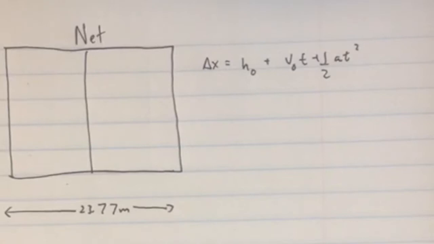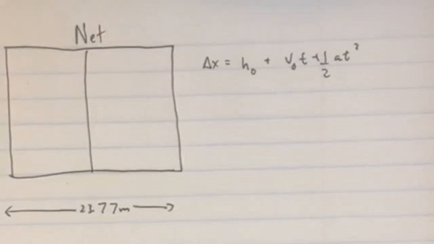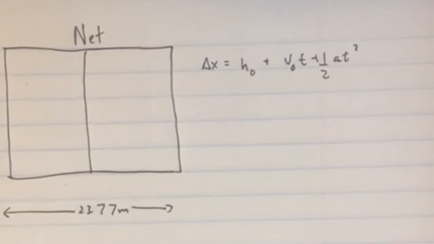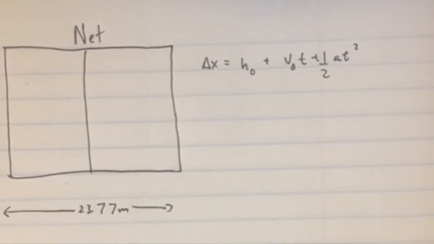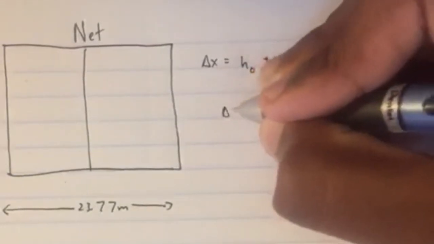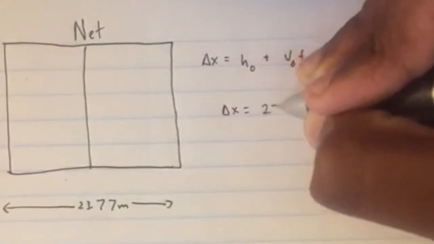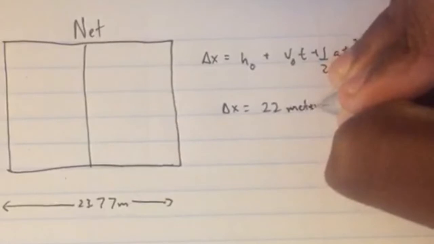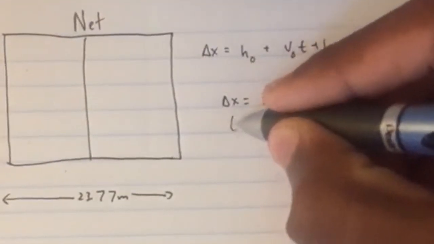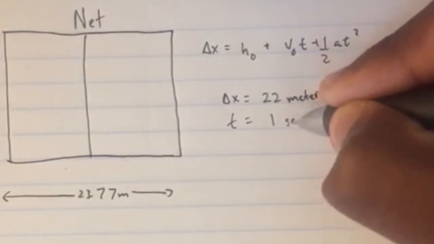Now that we have the distance equation, we are going to find the correct speed and angle at which to hit this tennis shot. As I said before, the optimal tennis shot is hit when the ball is 22 meters away, so delta x would be 22 meters. And the time is 1 second, so t is equal to 1 second.